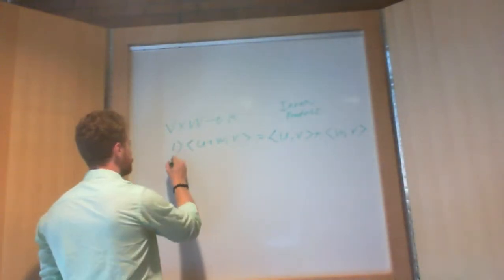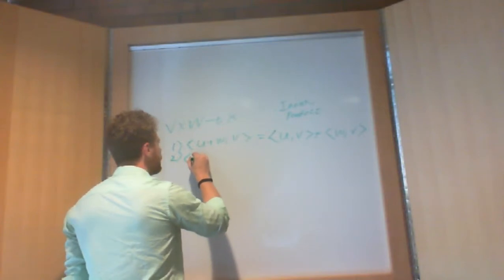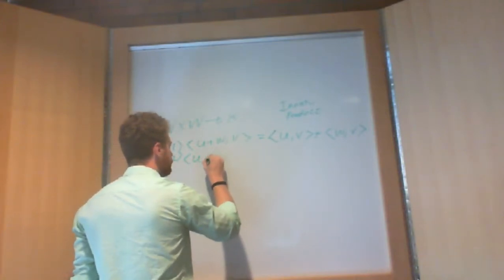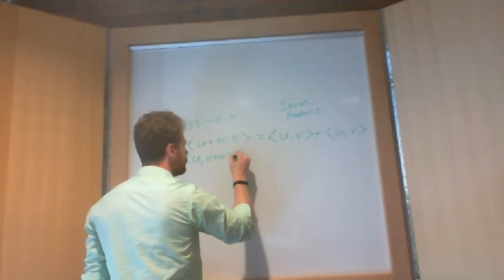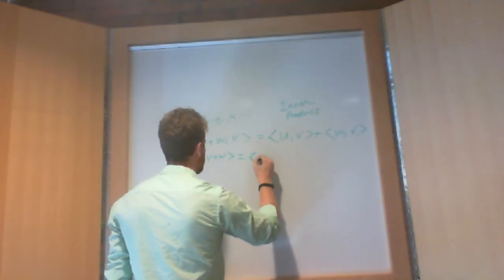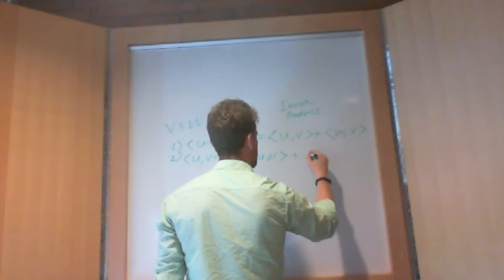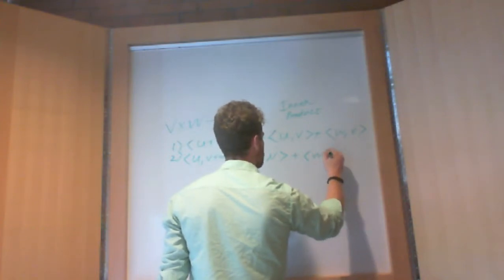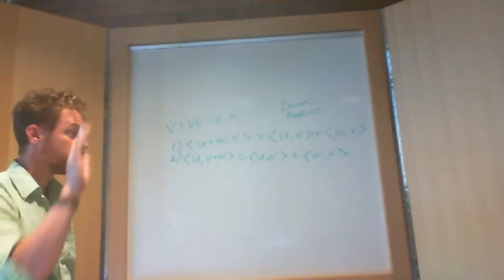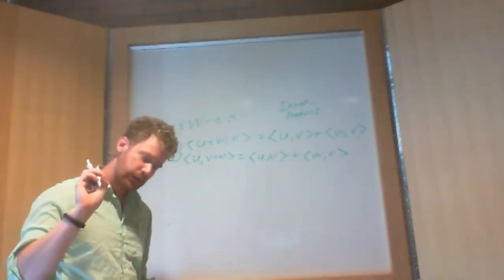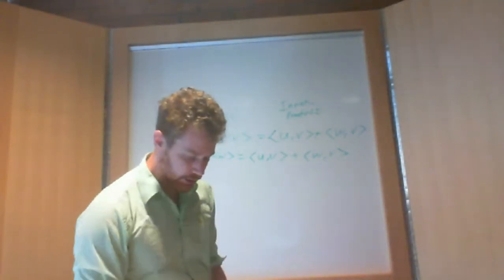We also have the additive property in the second argument: <u, v + w> = <u, v> + <u, w>. So that's additivity in the first and second arguments.